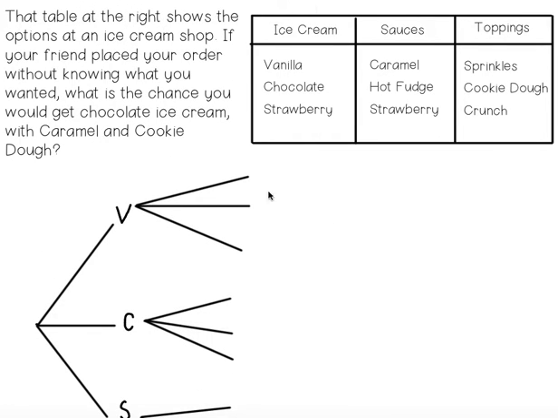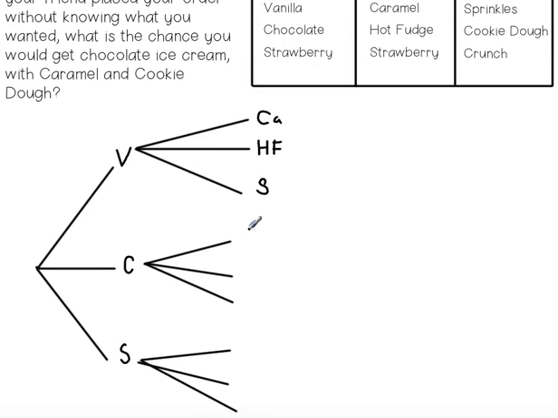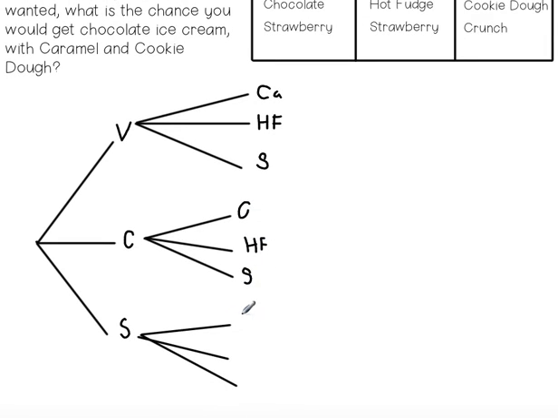And we have caramel, hot fudge, and strawberry. Caramel, hot fudge, strawberry with chocolate again. And then with the strawberry ice cream, the options are still the same: caramel, hot fudge, and strawberry.